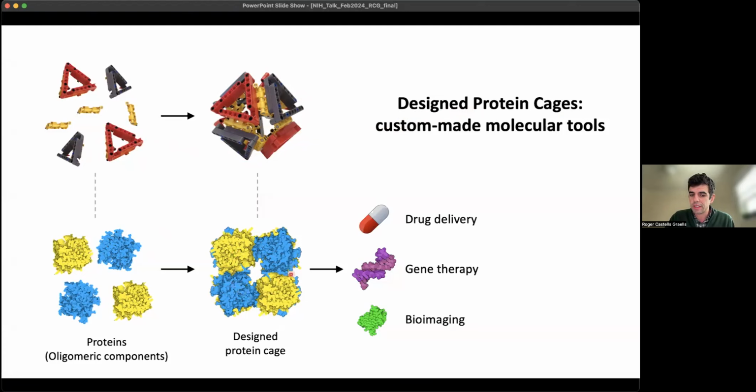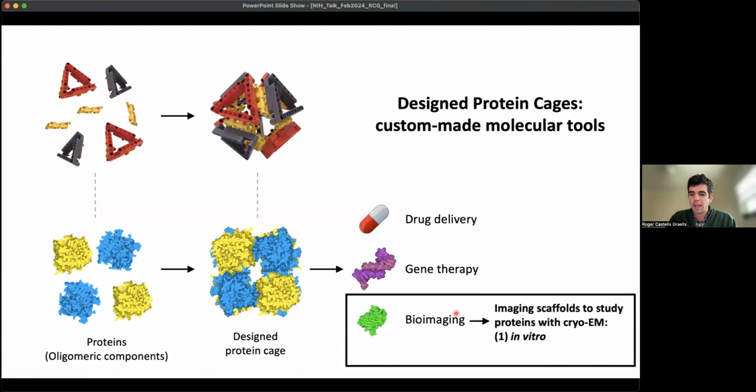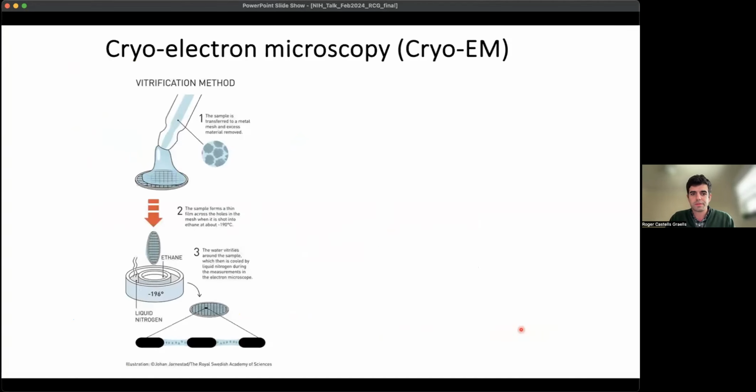Like, for example, a designed protein cage. And then we can use these protein cages for multiple applications. Like, for example, drug delivery, gene therapy, and bioimaging. And in today's talk, I will be focusing mainly on bioimaging applications, and in particular, how we can use it in cryo-EM and for in vitro studies.